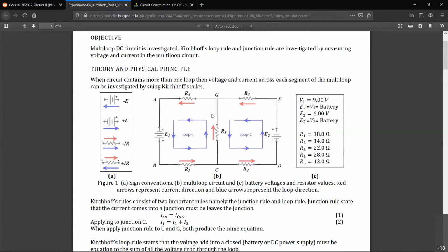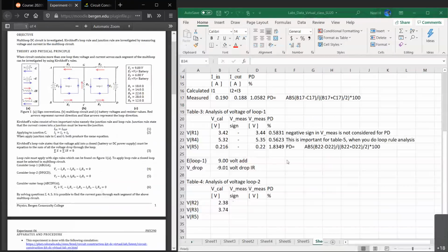Because of that, that voltage must be positive. Okay. So those are important. These voltage values are negative. This voltage is actually positive. Okay, I would suggest put that sign accordingly. That will be useful when you do the next calculation later on in table number 5.